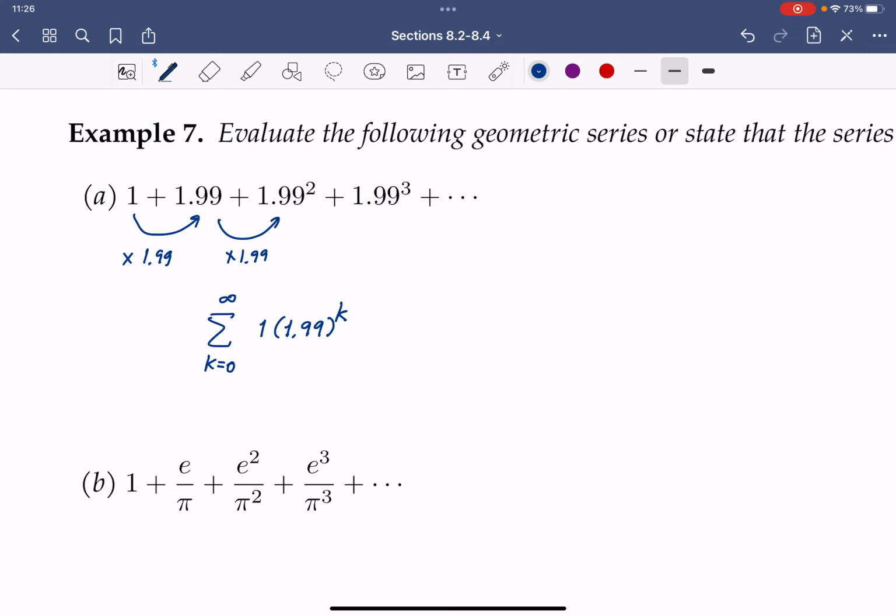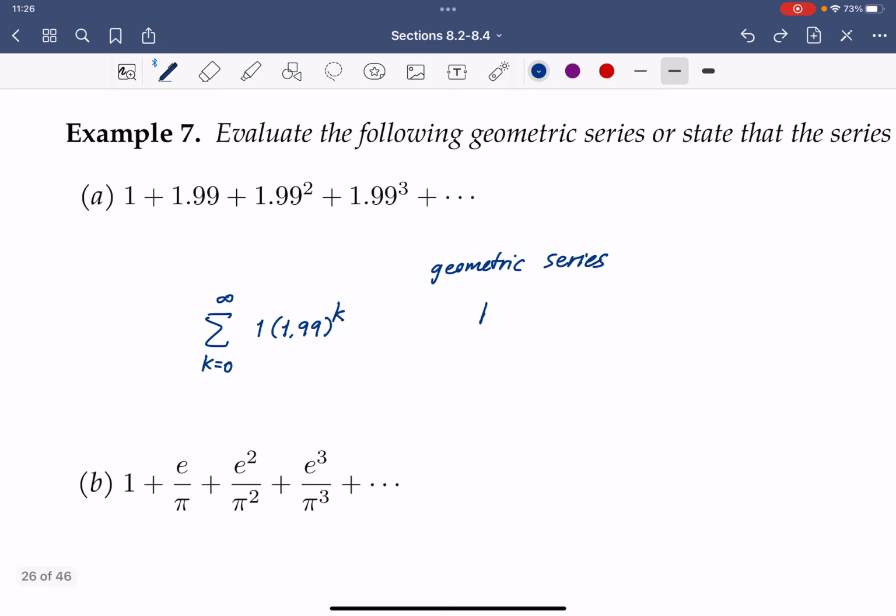The second term, you plug in k equal to 1, it's 1.99. The third term, you plug in k equal to 2, it's going to be 1.99 square. This is actually the form they want. So we got it. So this is the geometric series. The common ratio r is going to be 1.99, bigger than 1, right?